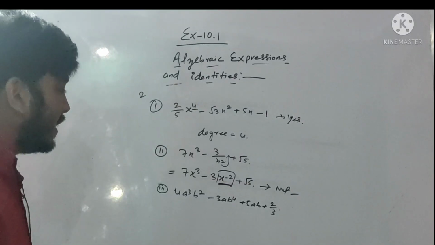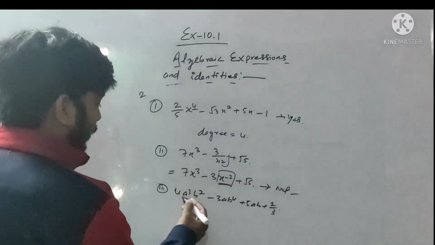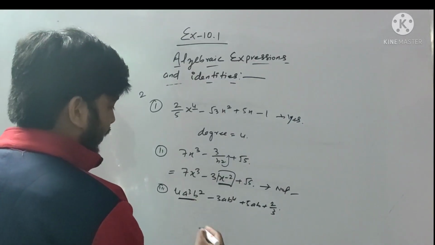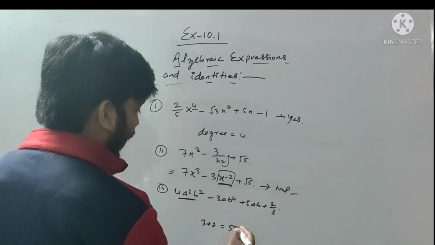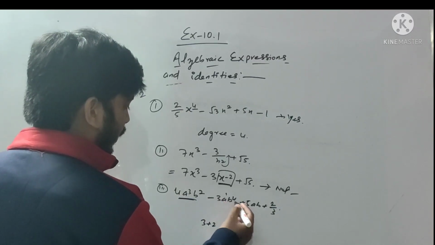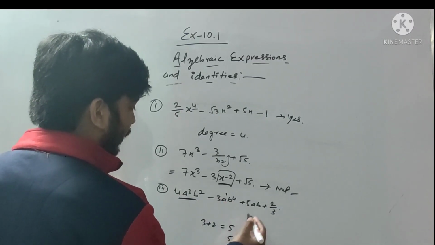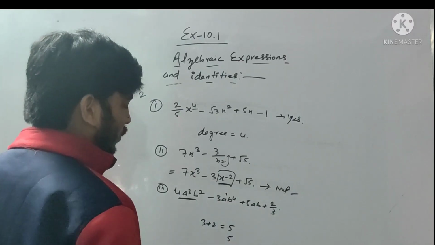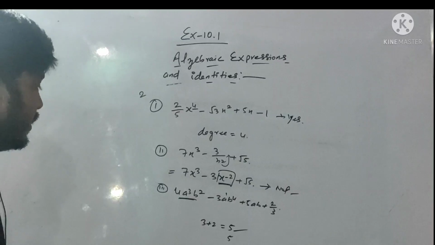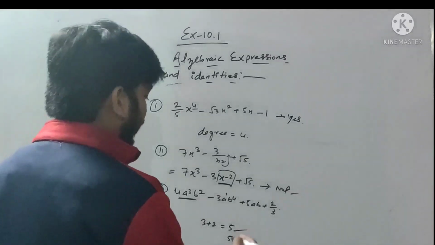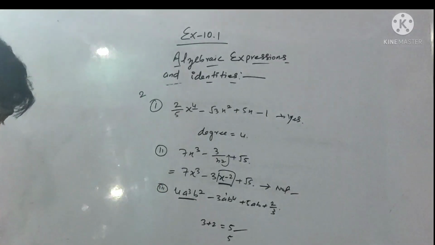The degree is the highest power, so we will find the sum of the degrees. Here 3 plus 2, that will be 5. Here 1 plus 4, it will also be 5. Here 1 plus 1, that is 2. So we can see here the highest power is 5, so the degree will be 5. Okay.